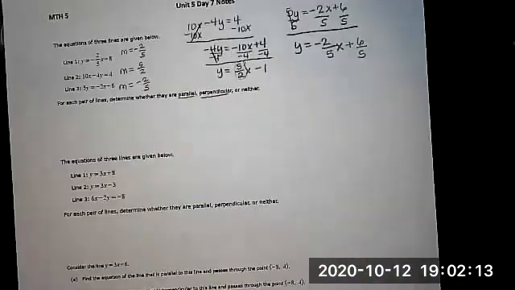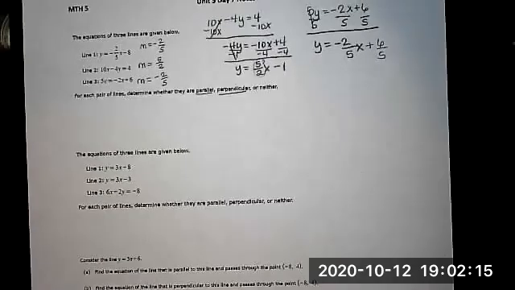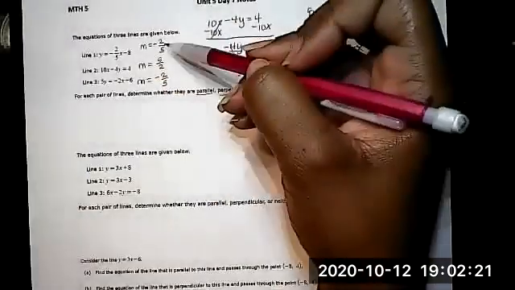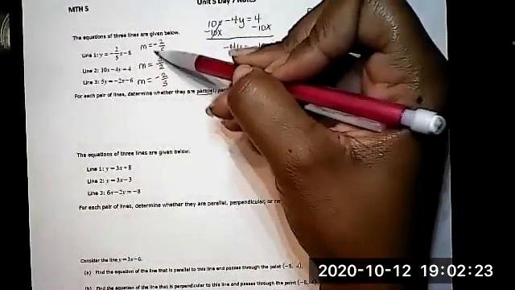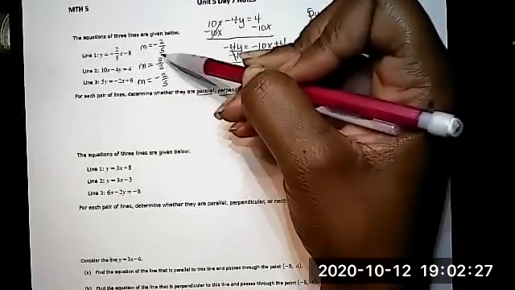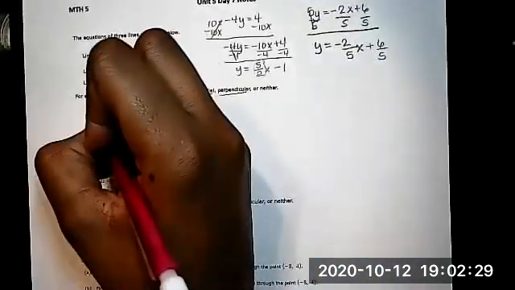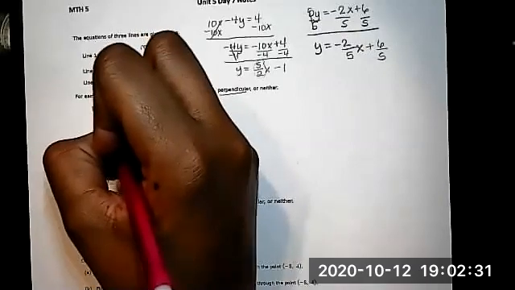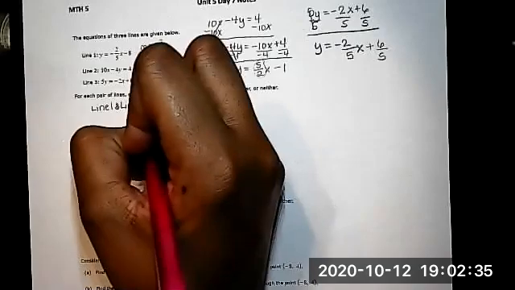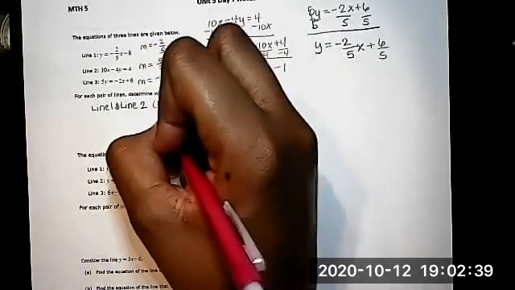So for each pair of lines, determine whether they are parallel or perpendicular. So line 1 and line 2. It looks like this is -2 over 5, and this is positive 5 over 2. Line 1 and line 2 are perpendicular.